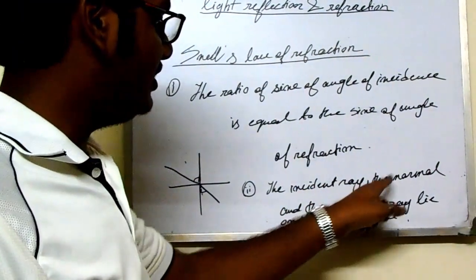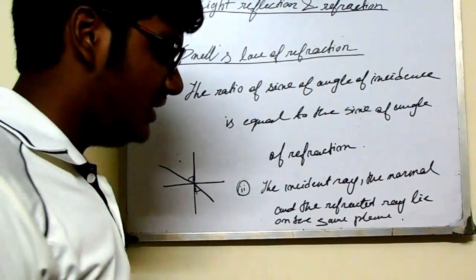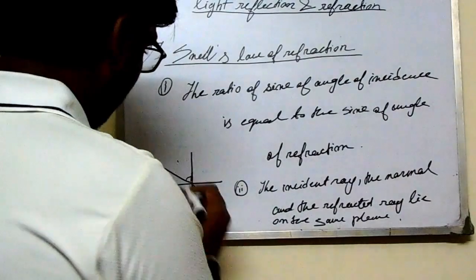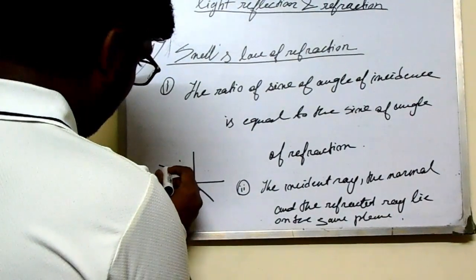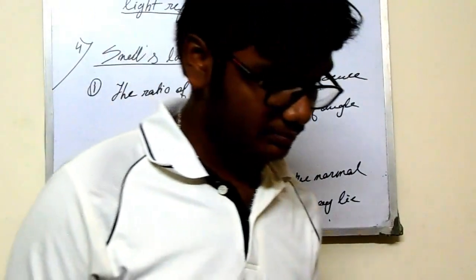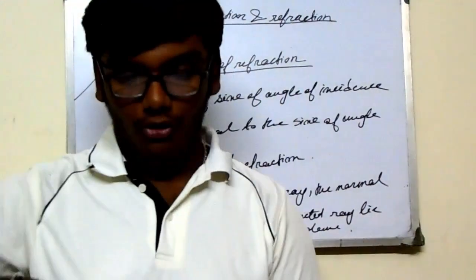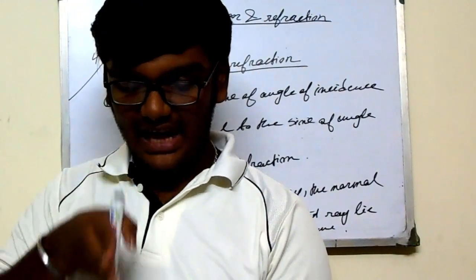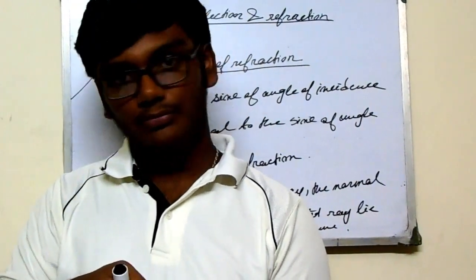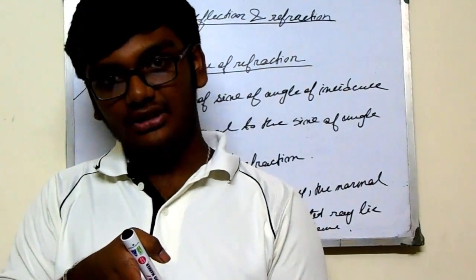The incident ray, the normal and the refracted ray lie on the same plane. Suppose this is a surface of water, and the light is falling onto it.